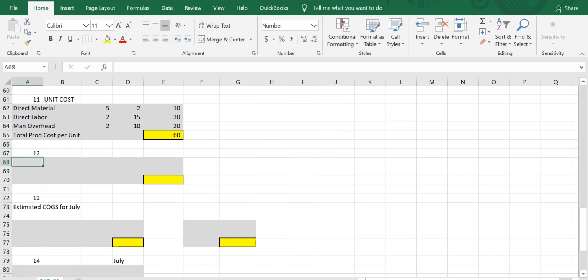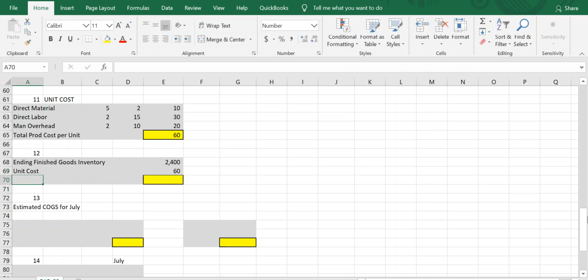So if we go back to where we were, we're going to say that we need to calculate this. In number 12, we're going to have an ending finished goods inventory in July of 2,400 units. That's based on production needs in August. And we're going to have a unit cost based on our just completed calculation of $60 per unit.